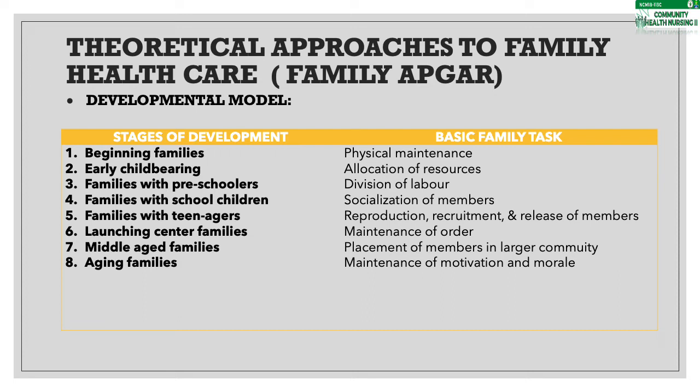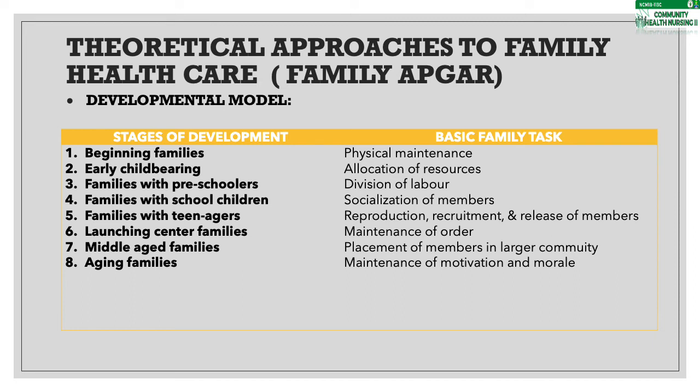Now, in families with preschoolers, since preschoolers can already be taught small tasks, especially household chores, there should be an equal division of labor. Now, in families with school children, since school children are in school, the basic family task to be attained is the socialization of all the members of the family, especially the children.